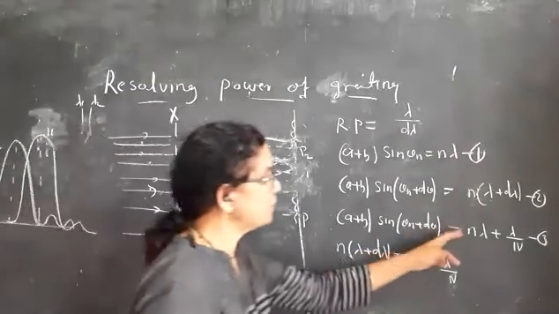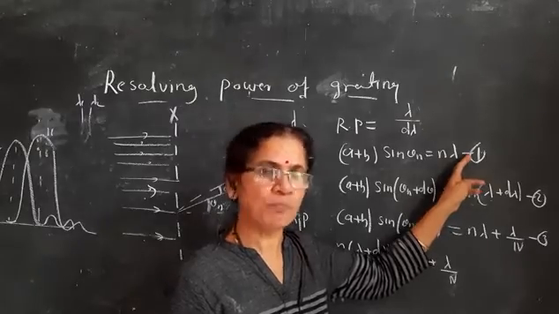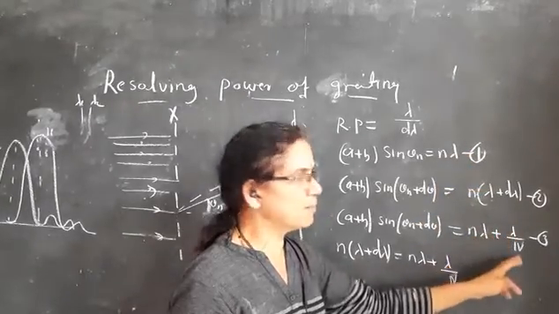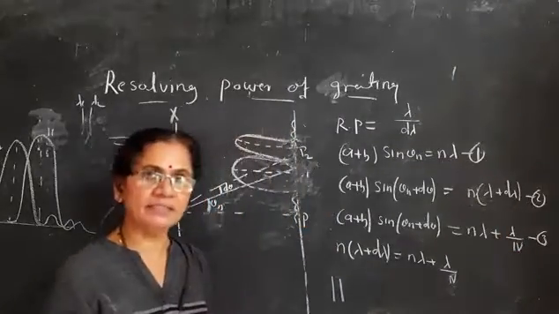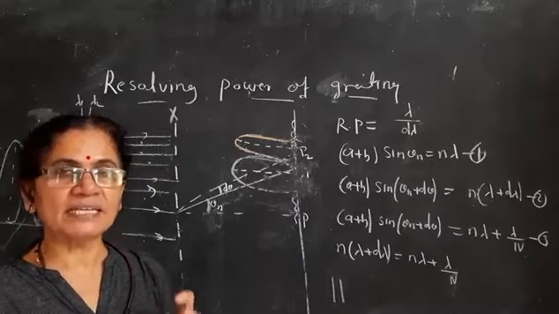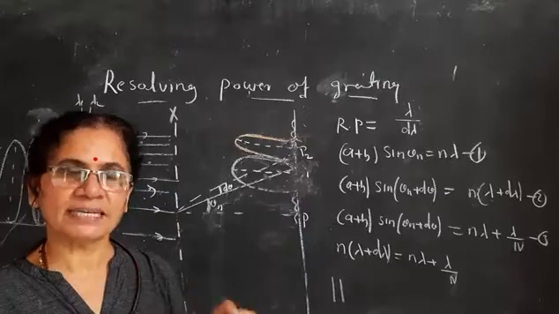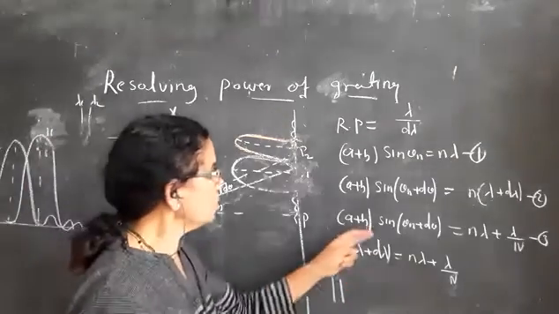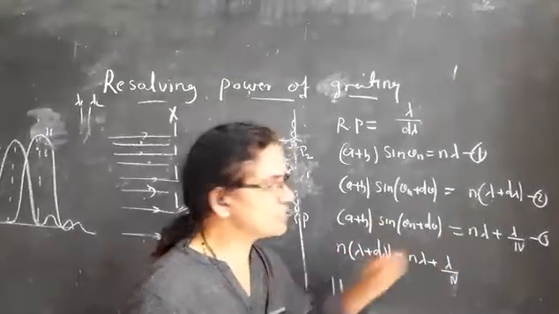So at the path difference, extra path will be introduced to get minima at point P2. That is n lambda plus lambda by N. So this path difference comes as lambda by N, where capital N is the number of lines per centimeter in the case of a grating, and small n is the order: first order, second order, and so on. So to get a minima at point P2, this condition should be satisfied.